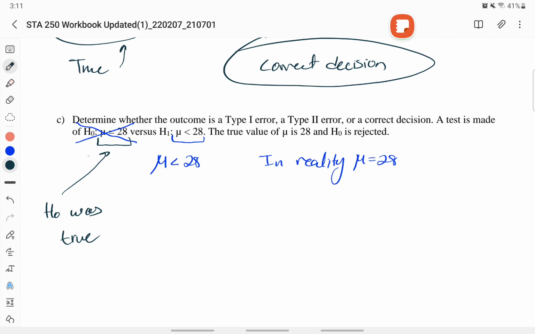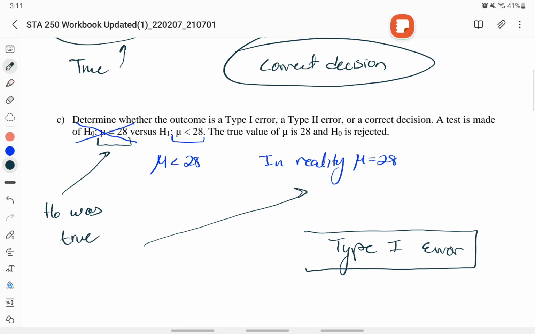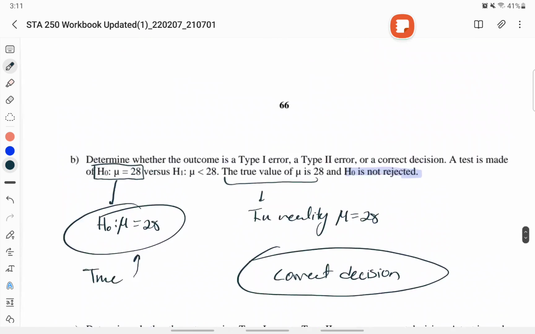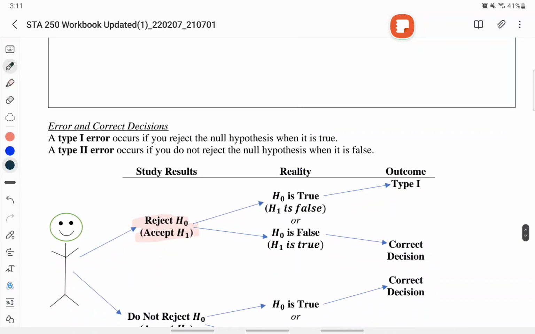We rejected something that is true. Therefore, this is a type 1 error. Once again, we rejected something that was true. We rejected the fact that mu was 28. In reality, mu was 28. Type 1 error.